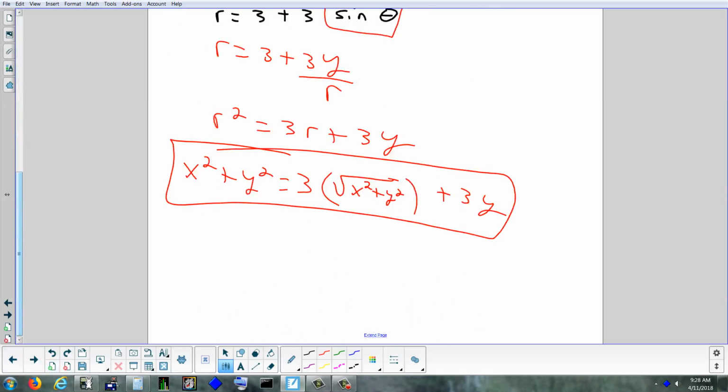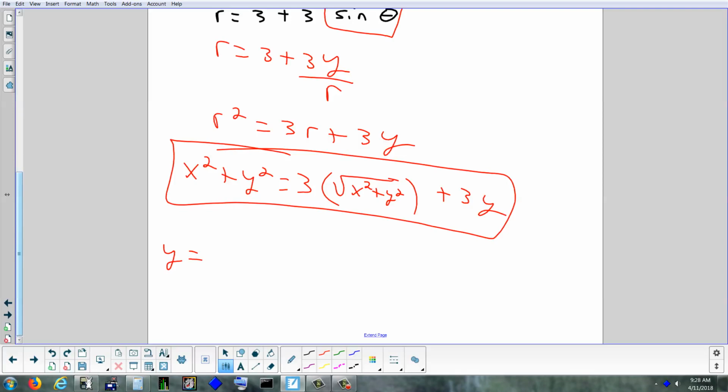Now the reason I said you can't graph it is because to graph it, you have to get y equals. There's no way we're going to really be able to get y by itself there. I mean, you can try, but it's just a mess. If you didn't have this square root with the y squared under it, then you could do something with it because you'd have y squared and a y.